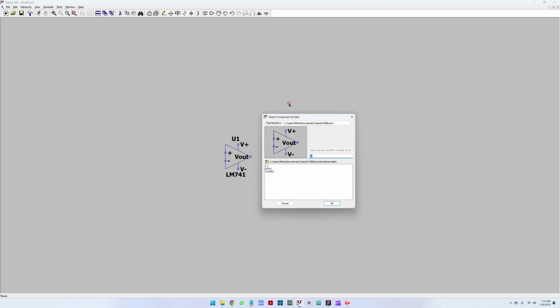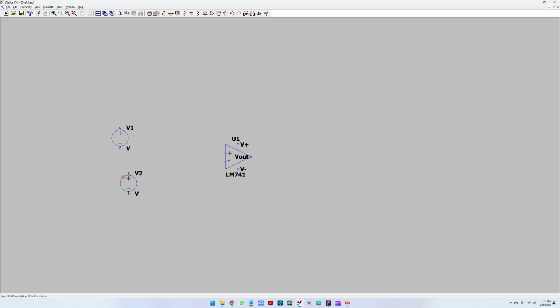As we said, we will need a differential supply. So we go back to the voltage source and place two voltage sources, with a value of 10 volts for each of them, and these will supply the circuit.